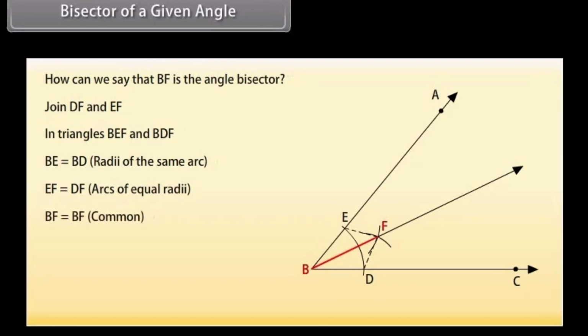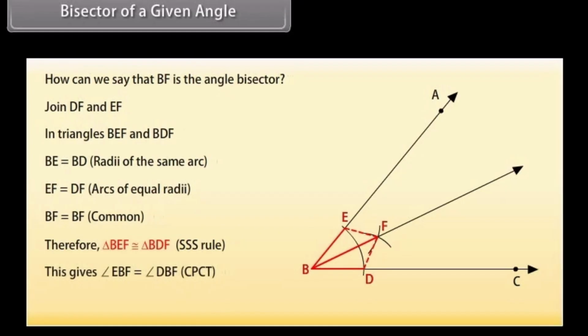BF is equal to BF, common. Therefore, by SSS congruence rule, triangle BEF is congruent to triangle BDF. This gives angle EBF is equal to angle DBF by CPCT. Hence, BF is the angle bisector.